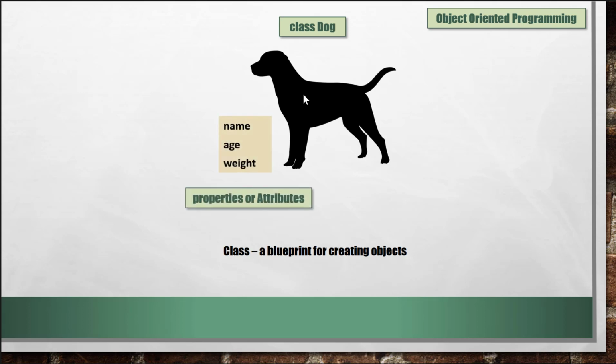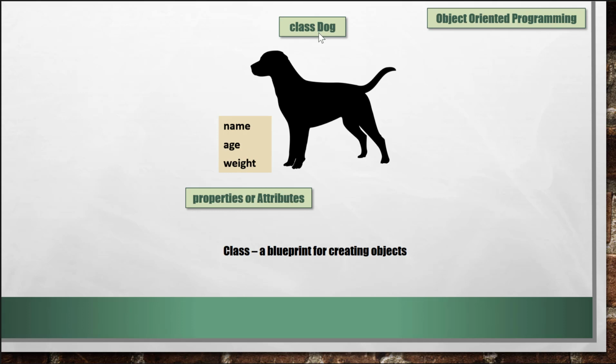Well, based on what we just did, a dog generally has a name, it has an age, it has a weight. So all dogs most likely have that. And so we call these things properties or attributes. These are characteristics that describe the dog. Fluffy had its own name, the Golden Retriever had a Goldie name, they each had their own age and they each had their own weight, but they each had individual variables that describe those things.